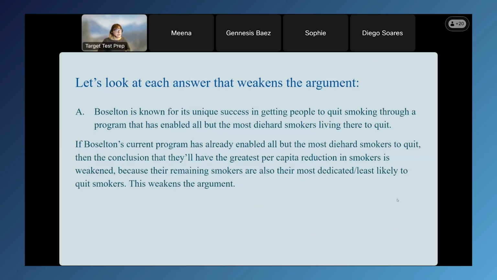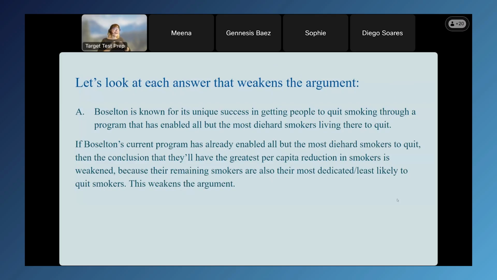A, Bozelton is known for its unique success in getting people to quit smoking through a program that has enabled all but the most diehard smokers living there to quit. Let's think about what that means. That means that the people that remain there, they've already gotten all the easy ones. The people that are left are the most diehard smokers.